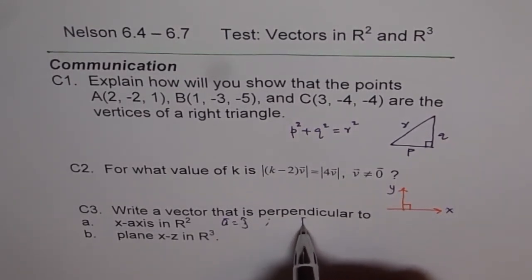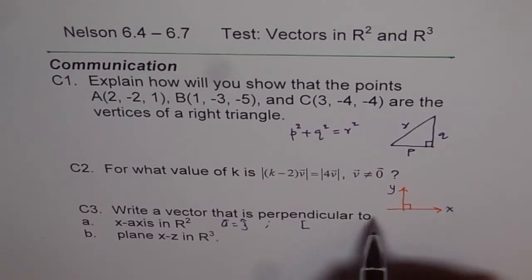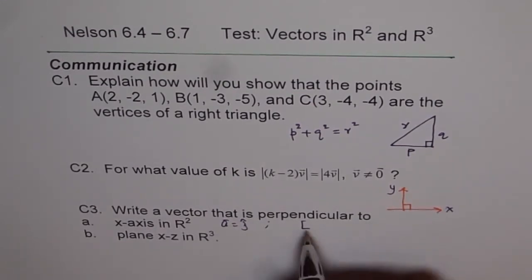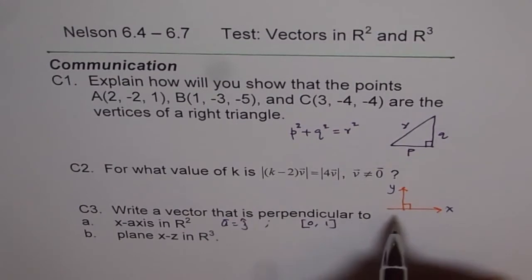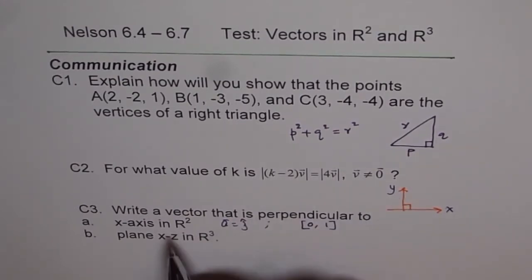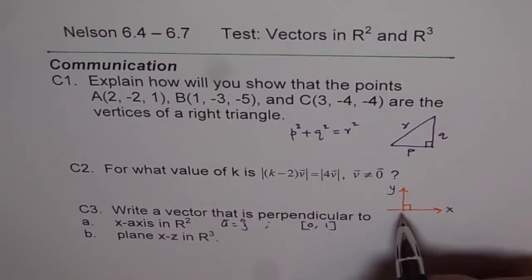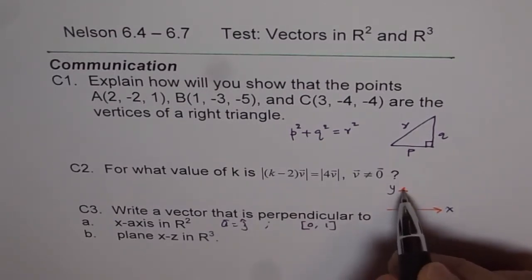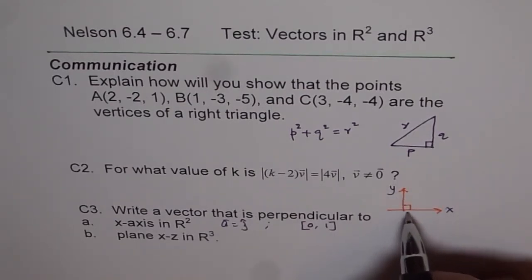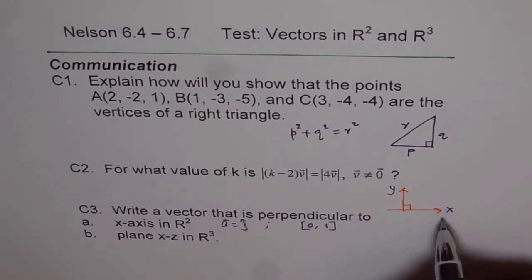Or if you want to write in Cartesian coordinates, then 0 is the value for x and 1 is the value for y. So that is another way of writing a vector, which is in this case a unit vector along y, and that is of course perpendicular to x, correct? So that is how you can give a vector.